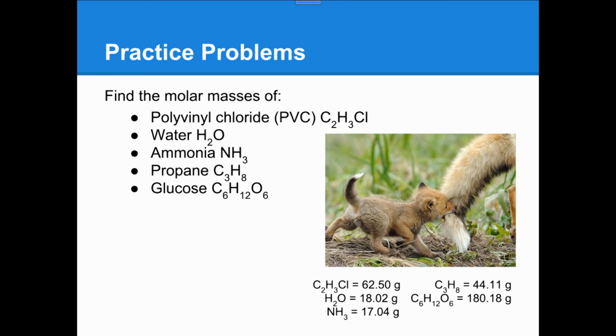Okay, so it's just making sure that you don't make any silly mistakes. Take it slow. Make sure that you round that number off of the periodic table to 2 decimal places. It really does make a difference. It can really alter your final answer if you don't do that. So always make sure that you round that to 2 decimal places, and then also round your final answer to 2 decimal places as well.